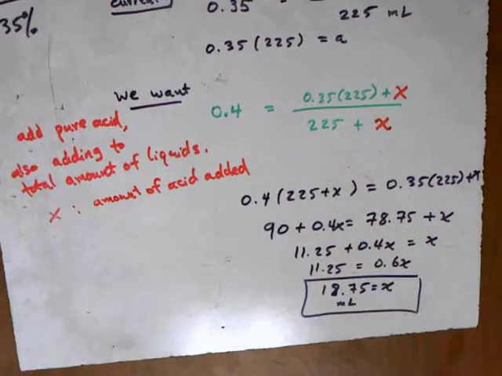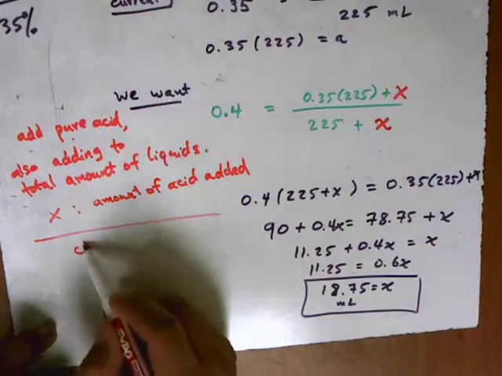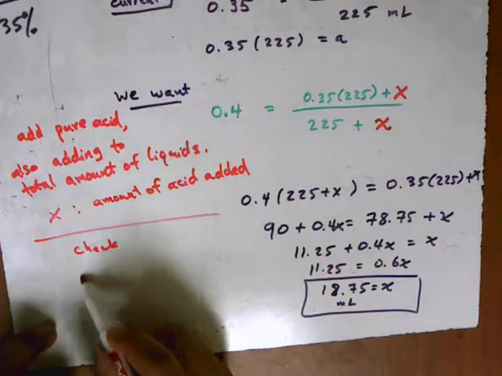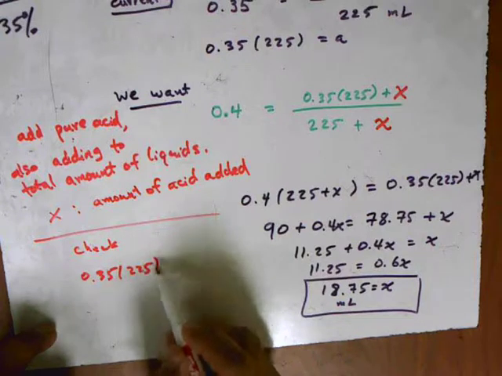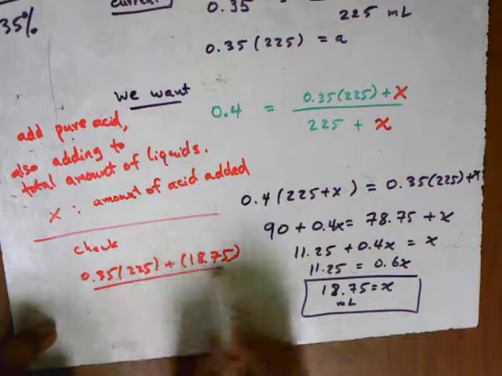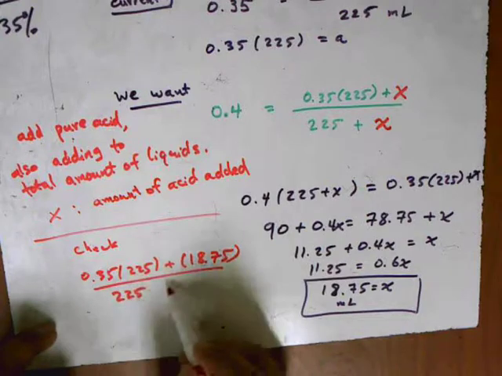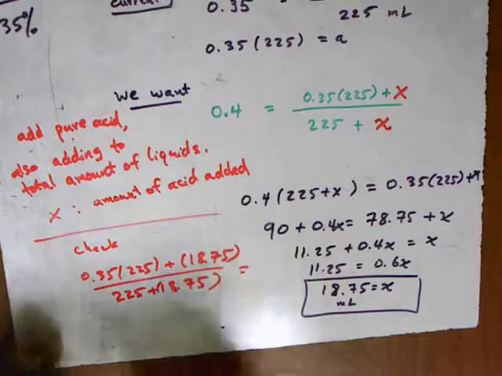And just to check, as always, we really need to make sure that this is true. So I'm going to use this original equation here. I'm going to say (0.35 times 225 plus 18.75) over (225 plus 18.75), because I'm assuming that's what x is supposed to be equal to. What does that all equal?